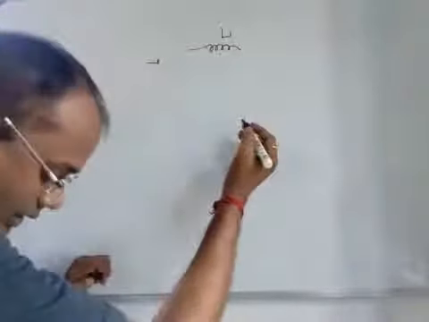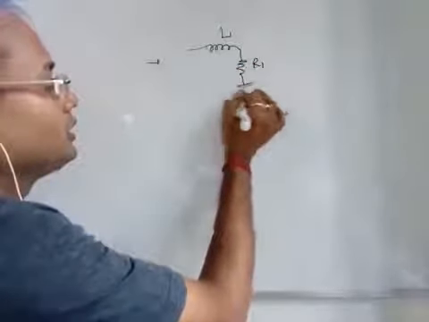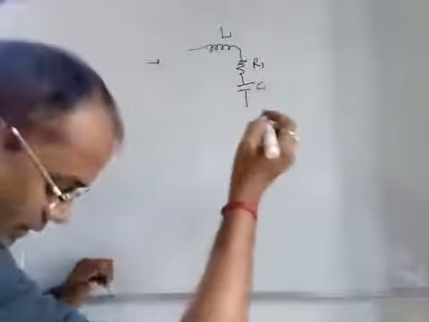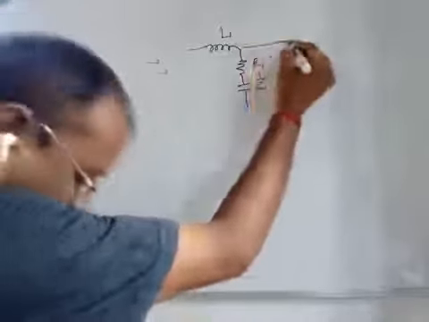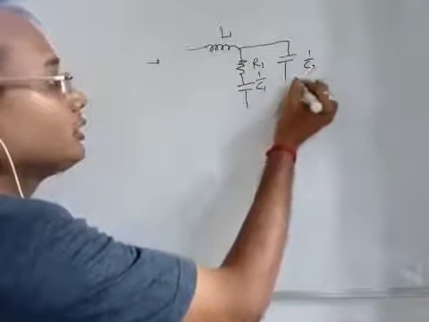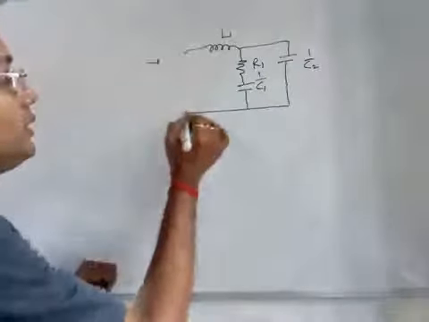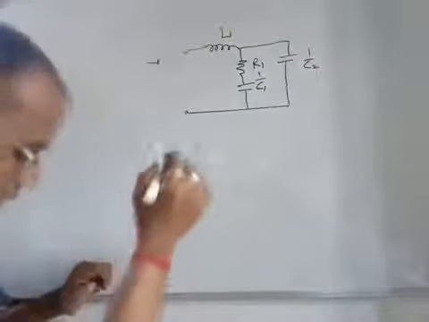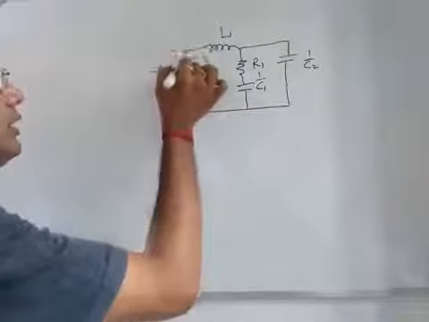This is your L1, this is R1, C1, this is 1 by C1, and that is 1 by C2. This is 1 by C2, and this is your Vi(t).